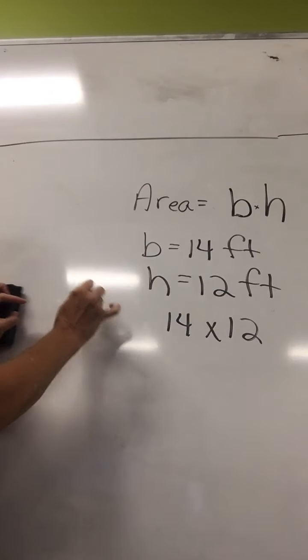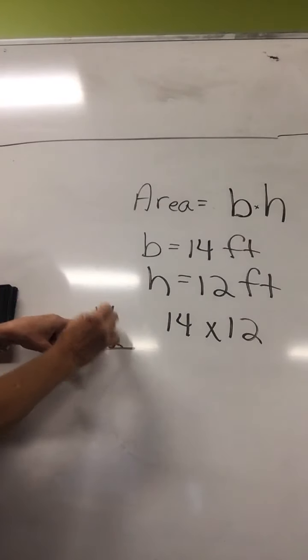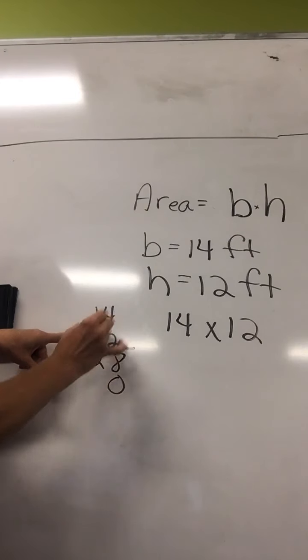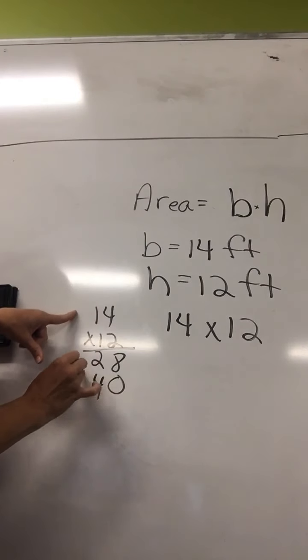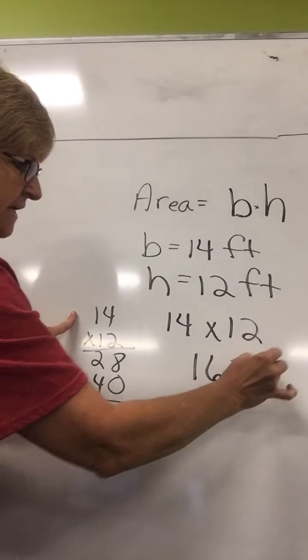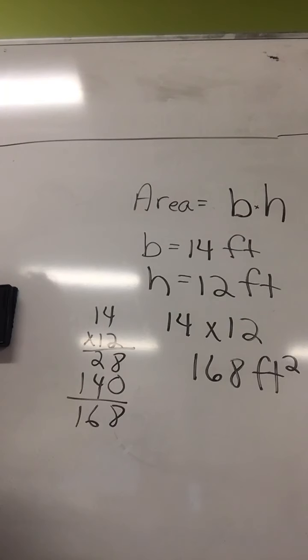I'm going to go ahead and work out 14 times 12 in case I don't. 4 times 2, 1 times 2, 0 placeholder, 1 times 4, 1 times 1. Add those up. 168 square feet. Now, that's the area of a parallelogram. Just base times height.